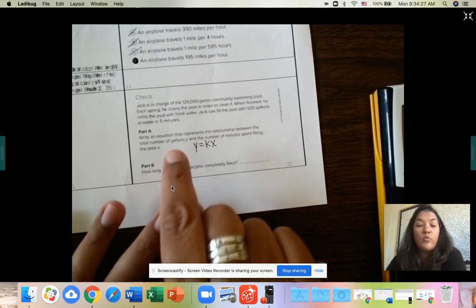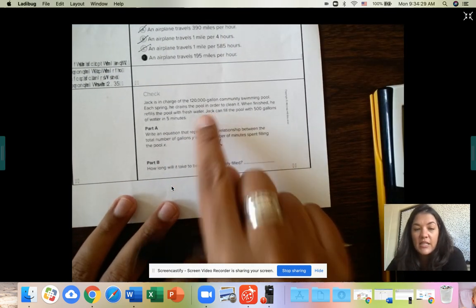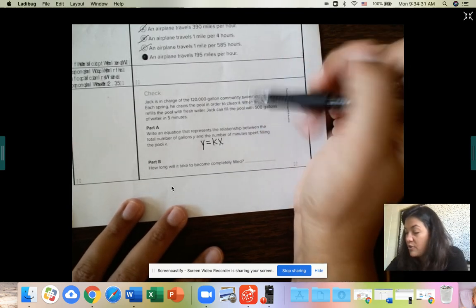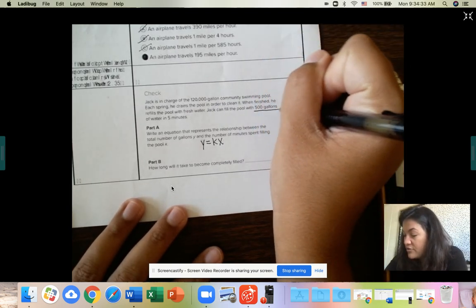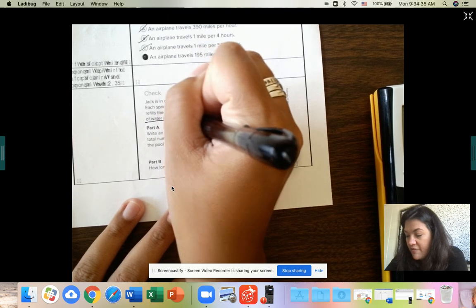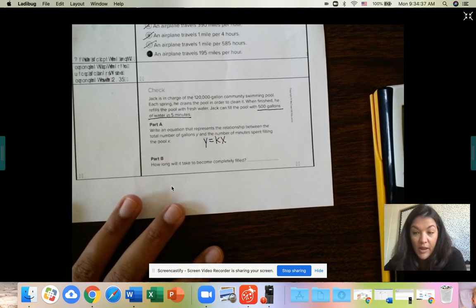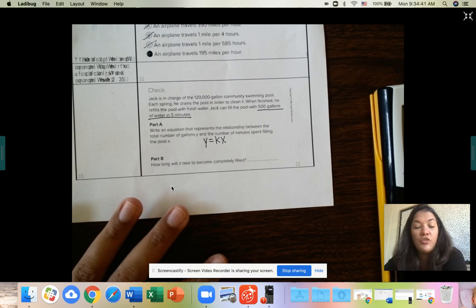Well, we have a rate in this problem. It says up here at the top that Jack can fill the pool with 500 gallons of water in 5 minutes. That's a rate. But it's not a unit rate. A unit rate would be how much he could fill the pool in 1 minute. But we can figure that out.